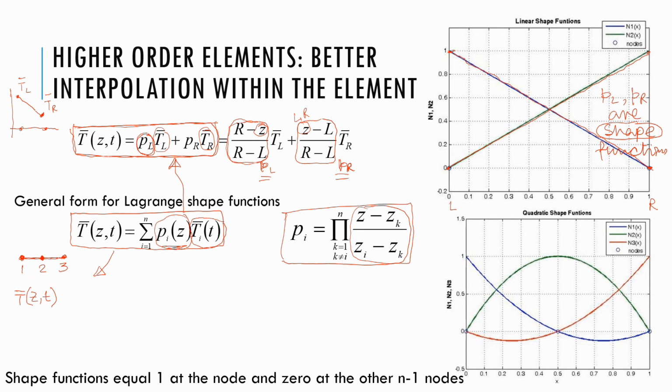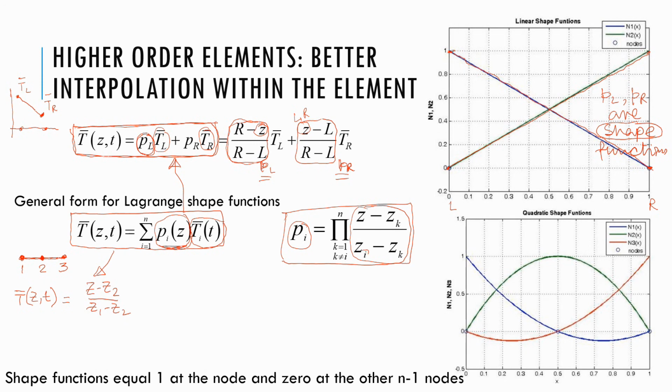So if I use this formula, you notice it has a summation, so there will be three terms for 1, 2, and 3. So let's write the first one. So first one would be P1(z). So P1 from here is going to be (z minus z2) over (z1 minus z2).